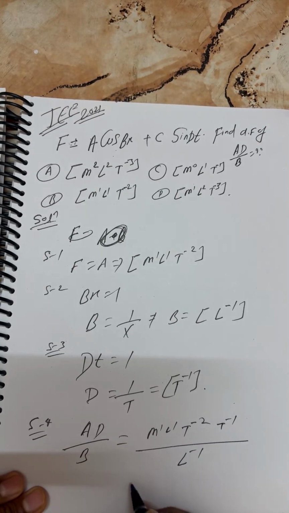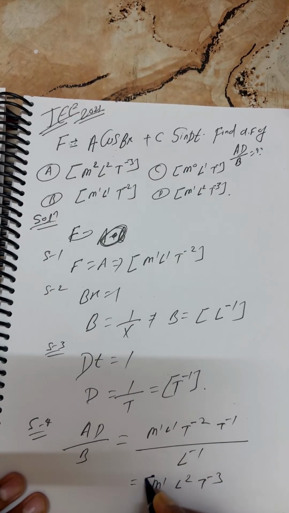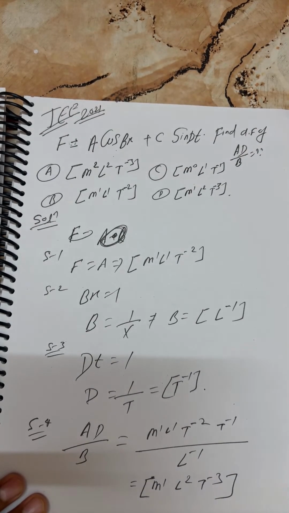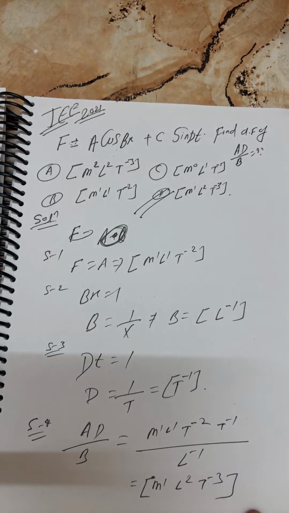It goes up, positive. So you can say M1 L2 T to the power minus 3. M1 L2 T to the power minus 3.